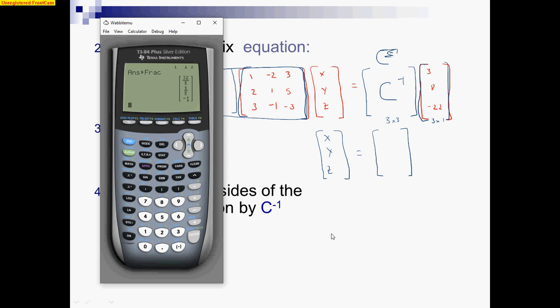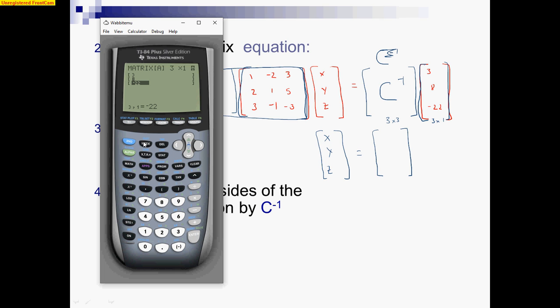Also, let me double check my math here. I'm not too sure that this problem was supposed to have those fractions as answers. My 3x1. You guys probably saw that all along, didn't you? So annoying. -22. So that's not going to change C inverse.